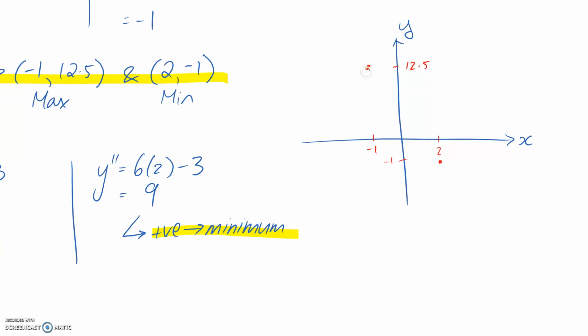So if this one is equal to a maximum, then what we would expect is it to look like this. And if this one's a minimum, all right, then we'd expect it to kind of look like this, bottom out there. Since it's a cubic, you can kind of figure out what the rest of it looks like. All right, and that's going to be our cubic function.